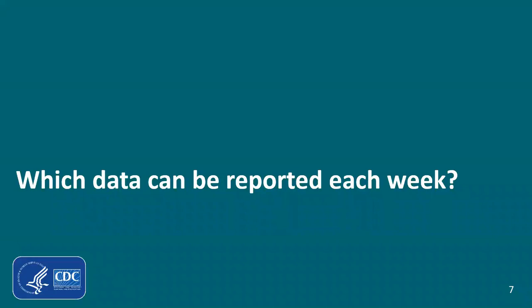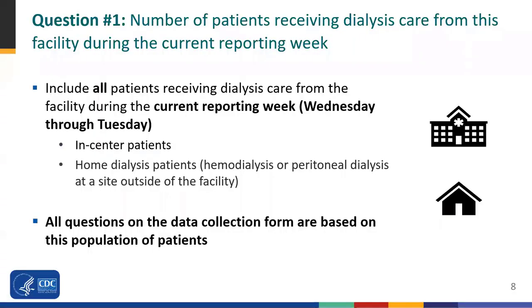So now we'll briefly go over the data that facilities can report each week. The first question on the COVID-19 vaccination data collection form for dialysis patients requires that facilities report on the total number of all patients receiving dialysis care from the facility during the reporting week.